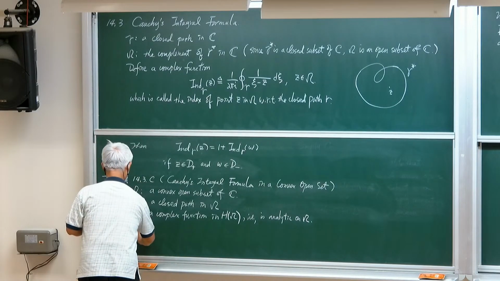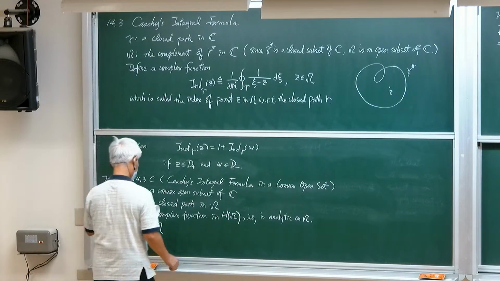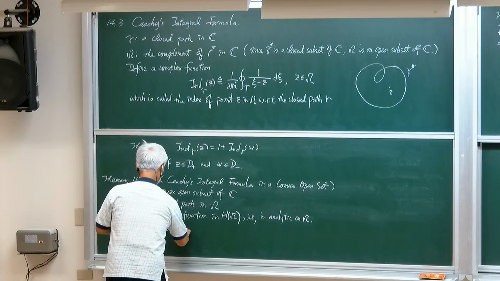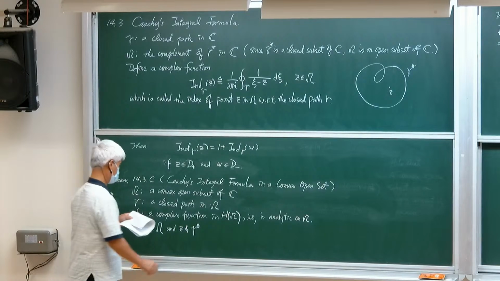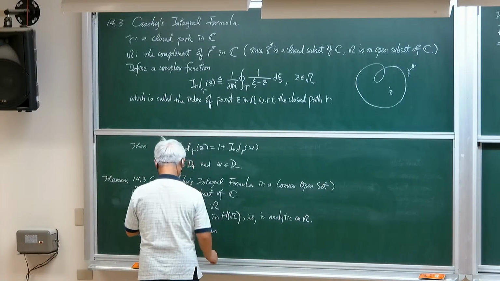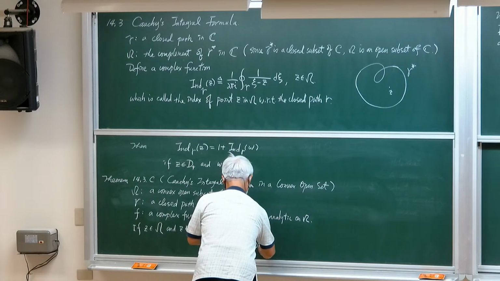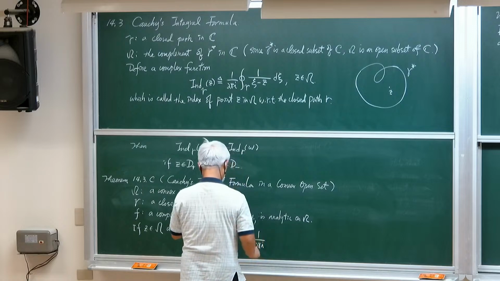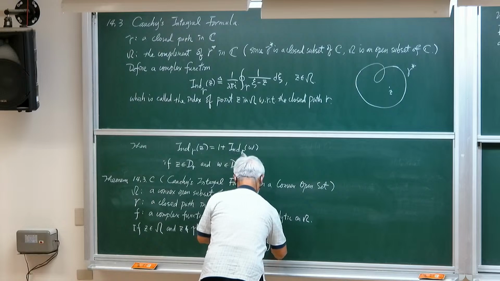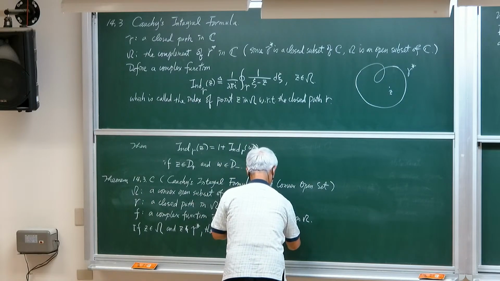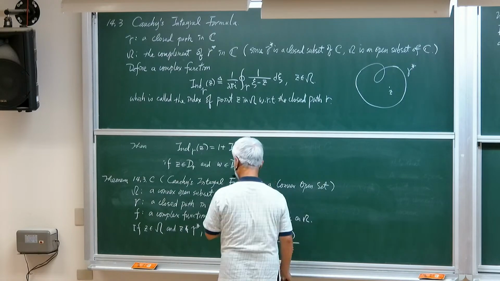Now if z is in the convex open subset, but z is not on the closed path, then if we do the line integral over gamma, all right?